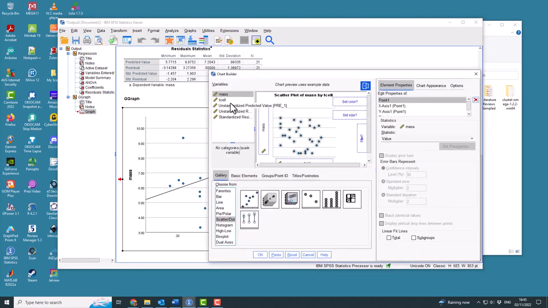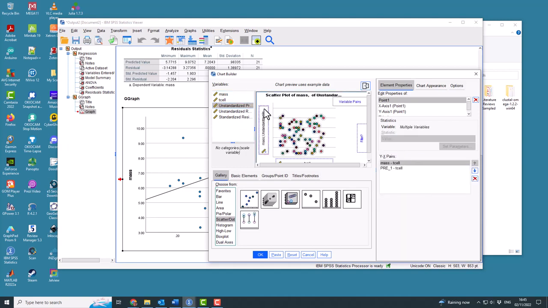So first thing I can do is put the unstandardized predicted values onto it. So I can add these to the actual values that you observe. So now I've got a chart which will have two different colors. One will be what you actually measured and one will be that calculated by the line.